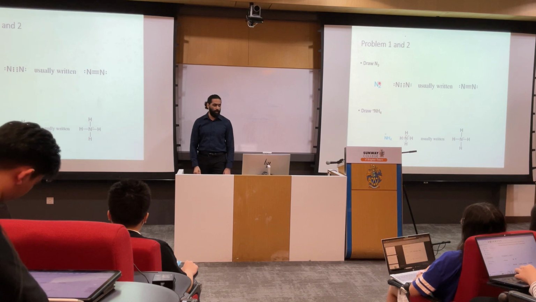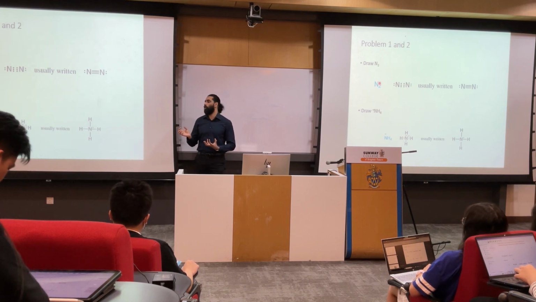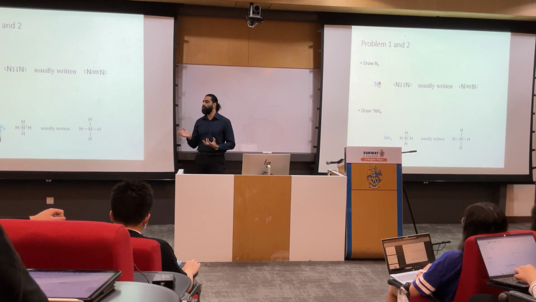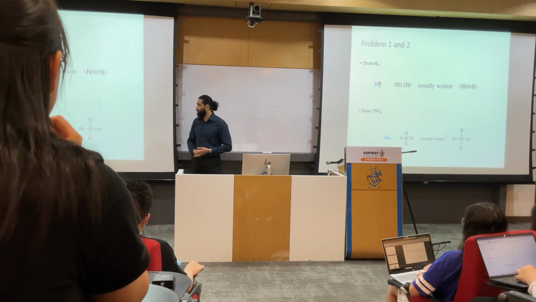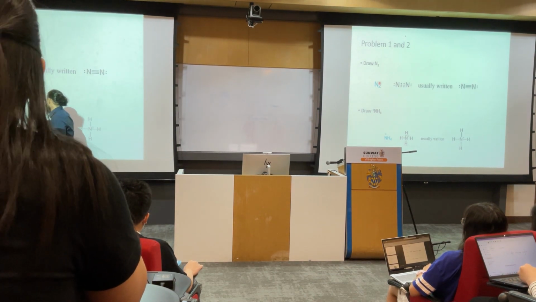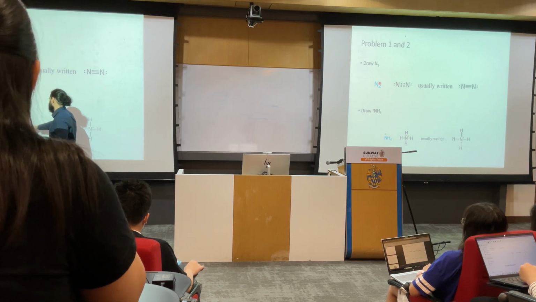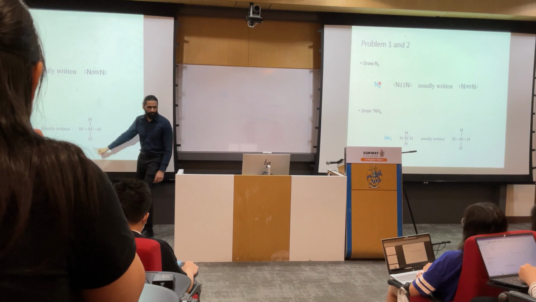A plus charge would mean that you take away an electron. A negative charge would mean that you add 1 electron. So this is how it should be written. Right?